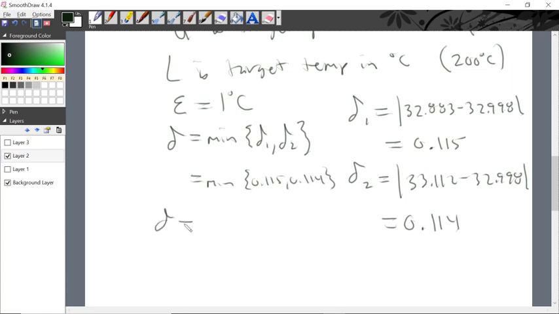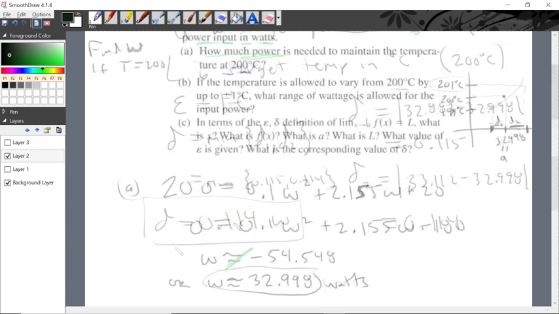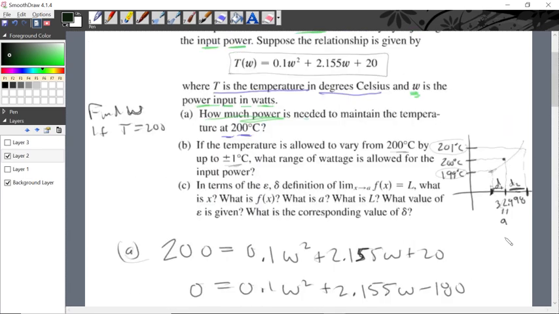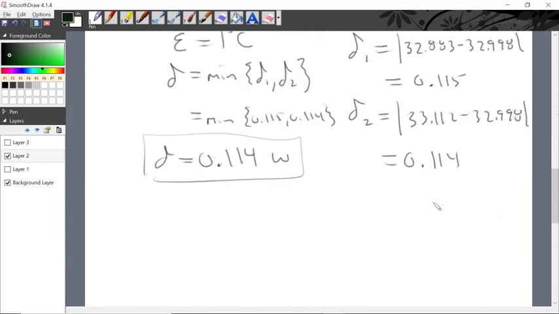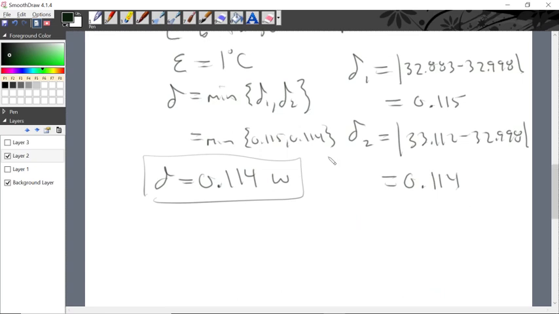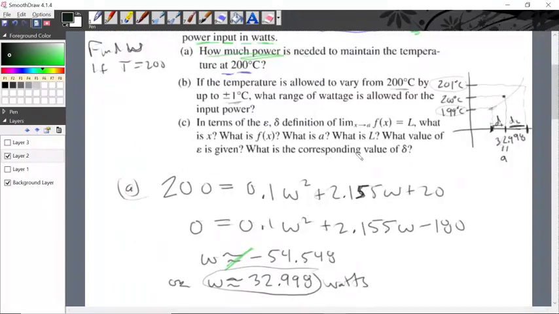Therefore we should choose delta to be 0.114 watts. So long as we are close to 32.998, close meaning no more than 0.114 in either direction, to the left or the right, we can expect that the resulting temperature will not go outside the range that we want.